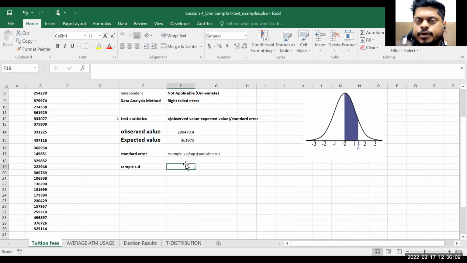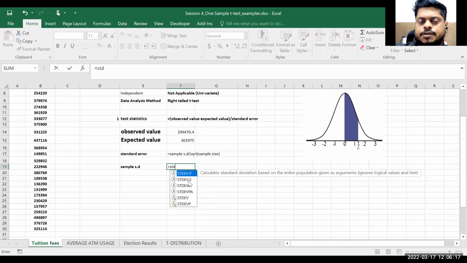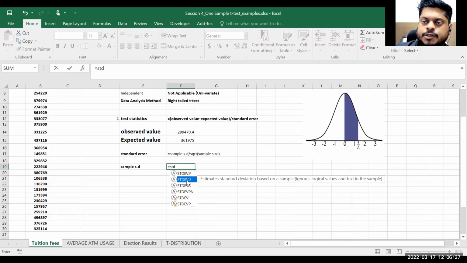Either you can do it manually, find the mean, then subtract it from each data point, or you can use a formula. If you write STD, there are two formulas: STDEV.P, that is standard deviation for population. Use the other formula, which is standard deviation for a sample, because I'm calculating for this sample.